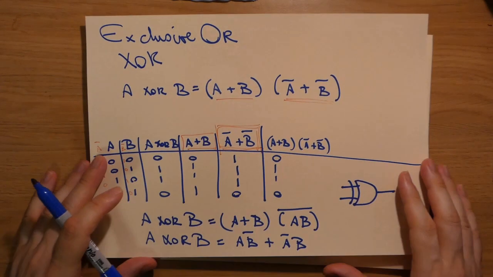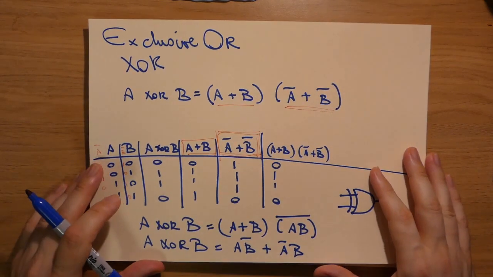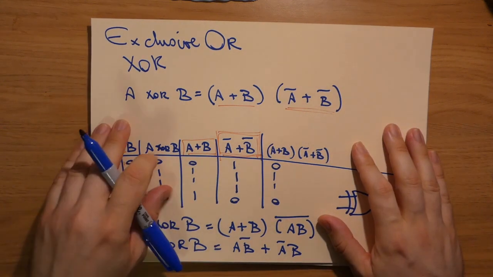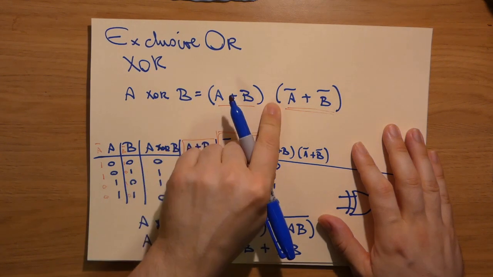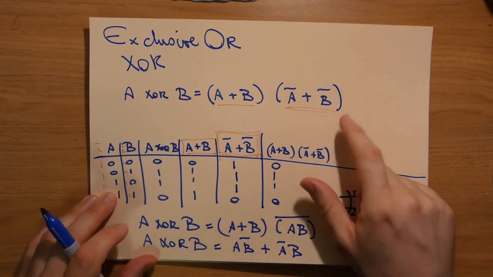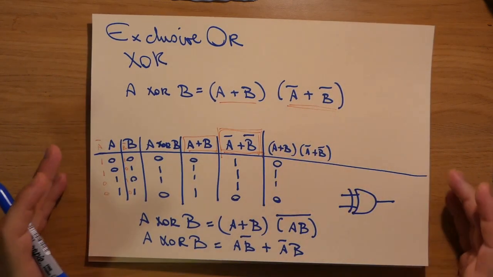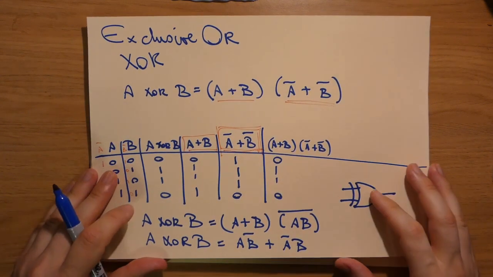The exclusive OR with NAND gates, how would you do that? Well, since I already have the OR and the AND and the NOT gates, I can just use any of those formulas to make my exclusive OR with the NAND gates.